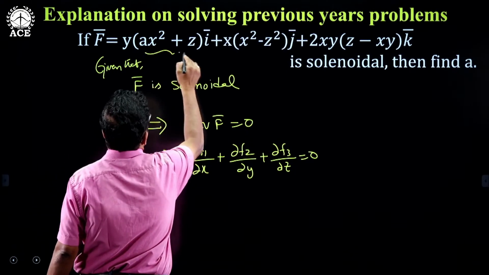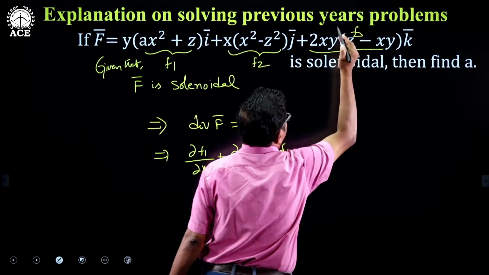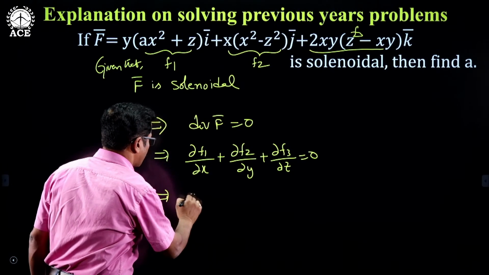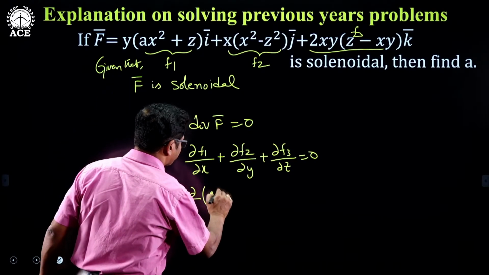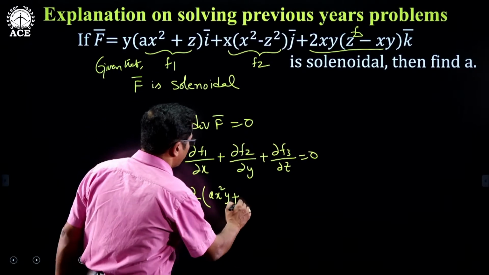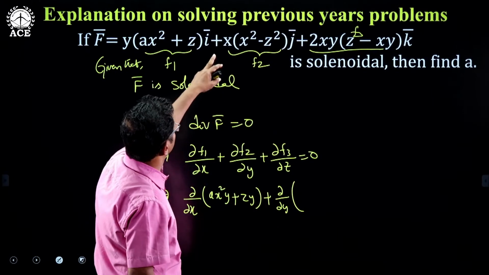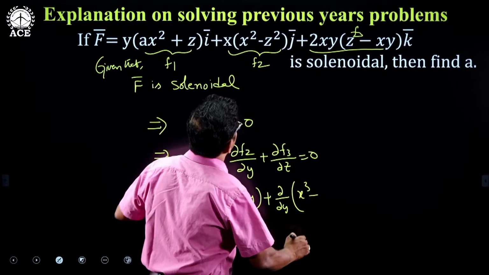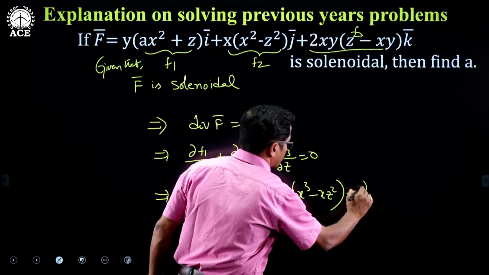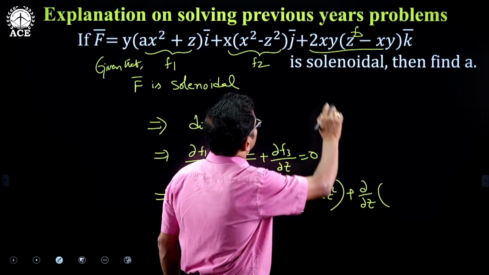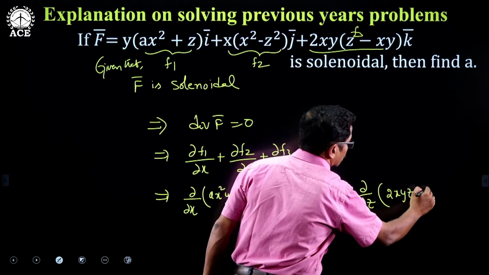f1 here, we assume this as f1, f2, f3. So that implies dou by dou x of f1. f1 means ax square y plus zy, plus dou by dou y of x into x square, x cube minus xz square, plus dou by dou z of 2xy into z is 2xyz minus 2x square y square.